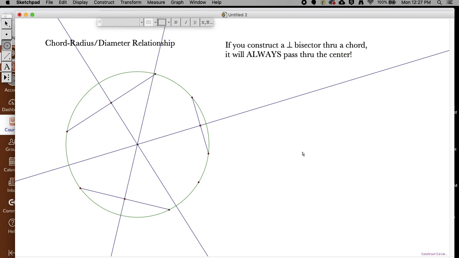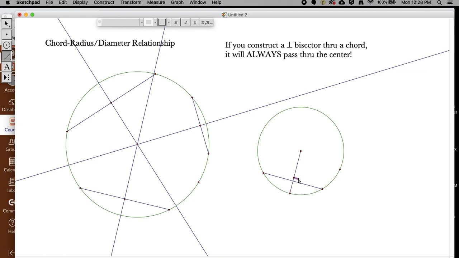So I think what that's saying is that if this is the midpoint right here, first of all, we've got ourselves a right angle. That's what that perpendicular is, right?